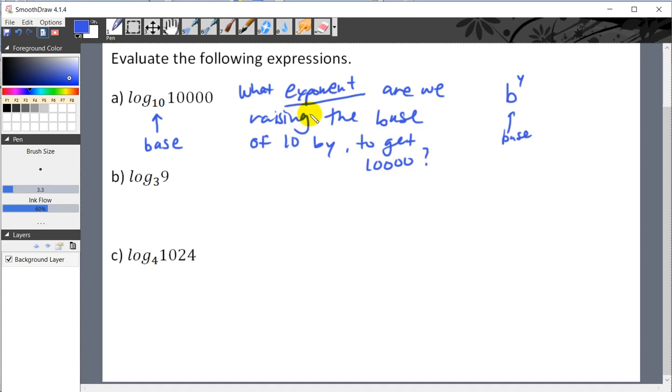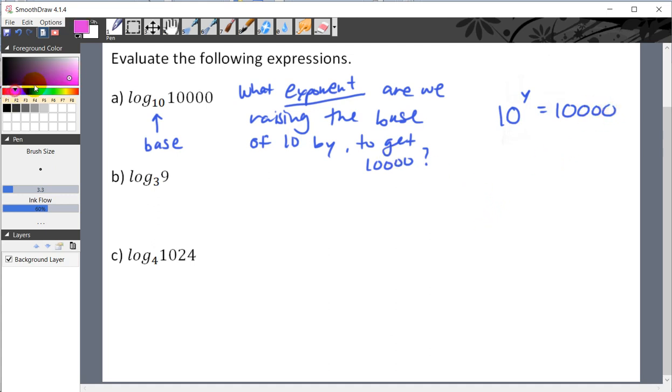I'm going to write this out for you. In the context of what we have here, what exponent, I'll call it some exponent y, are we raising the base of 10 by to get 10,000?